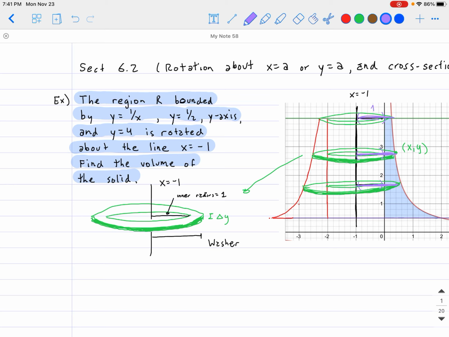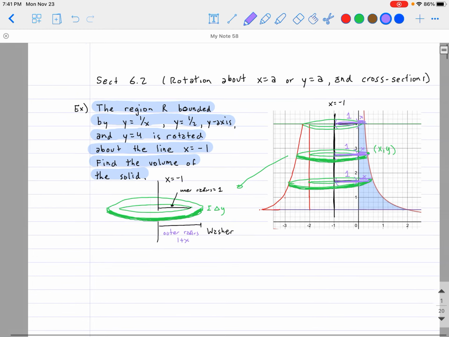So we can put that in there, for that is part of the outer radius. But then you're also going to have to add this small little increment over here that goes to the curve. And that length is always going to be x, because that is your horizontal distance from the y-axis to the curve. So what I'm saying is that your outer radius is going to be 1 plus x then.